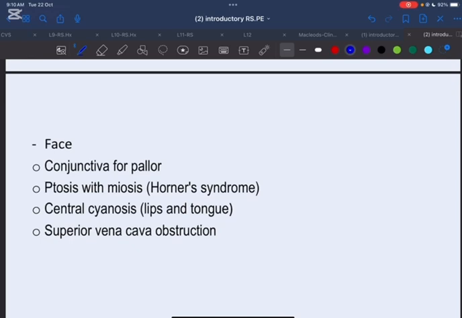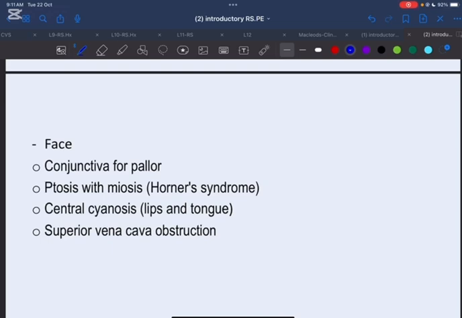Horner syndrome is a syndrome that occurs. Yes, what will happen? Excellent. Paraganglions, brachial plexus, and other ganglions, due to a Pancoast tumor, abscess, or cancer that occurs in the lung, with invasion of the sympathetic chain.